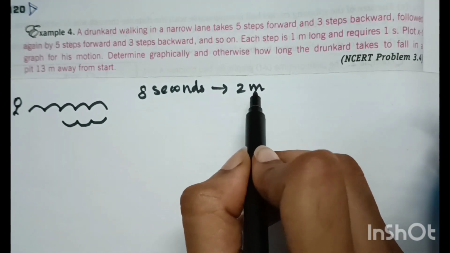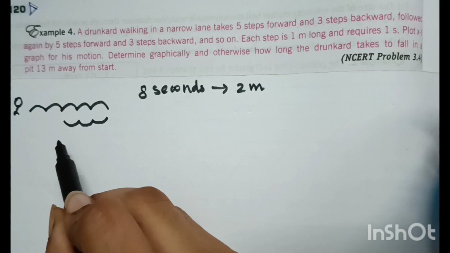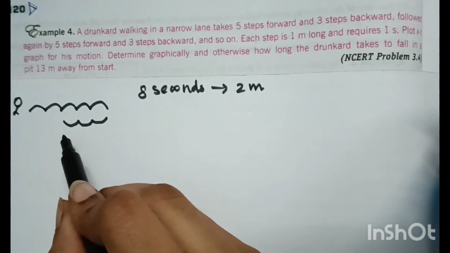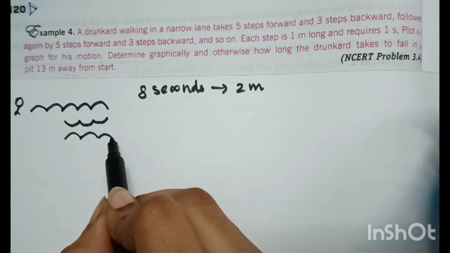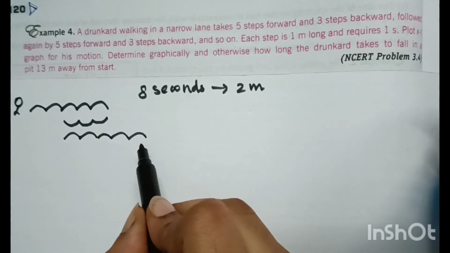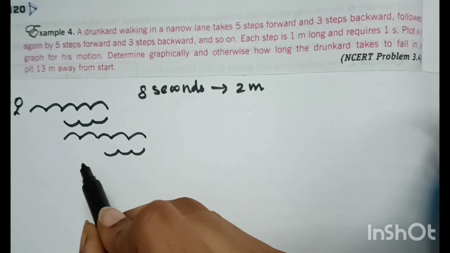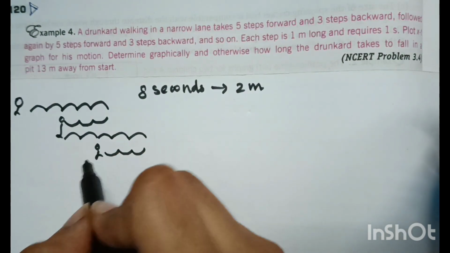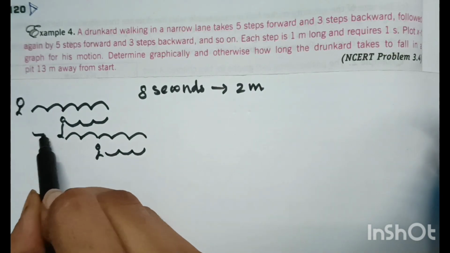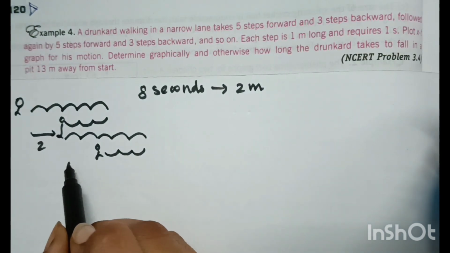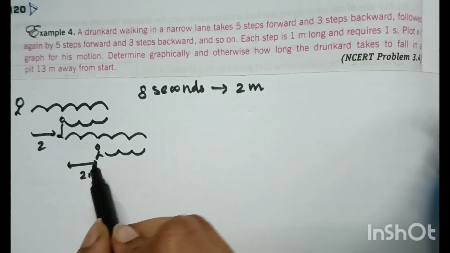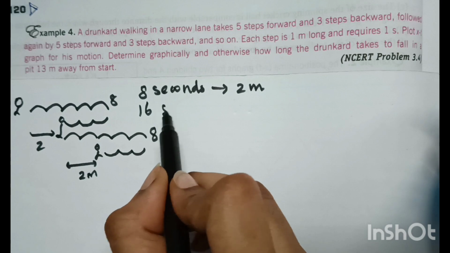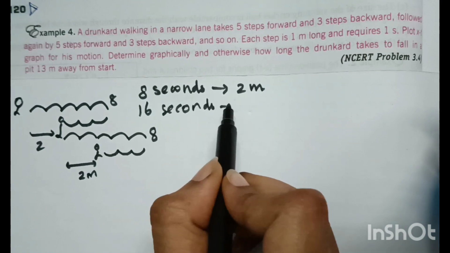Similarly, he would take the next 5 steps forward, 1, 2, 3, 4, 5, and also backward 1, 2, 3. Now he is here. Previously he was here. First his displacement was 2 meters. Next his displacement again is 2 meters only. So this is 8 seconds and this is 8 seconds. So in 16 seconds he covered 4 meters.